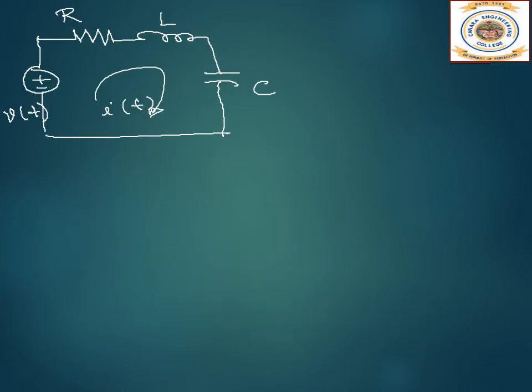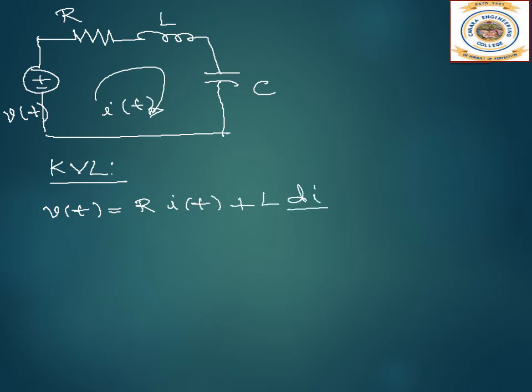Now let us consider a simple electrical network with a voltage source, a resistor, inductor and a capacitor. So here applying KVL for the above circuit, we get V of t is equal to R into I of t plus L into di by dt plus 1 by C into integral I of t dt. Now here we know that I of t is nothing but rate of change of charge, or dq by dt.